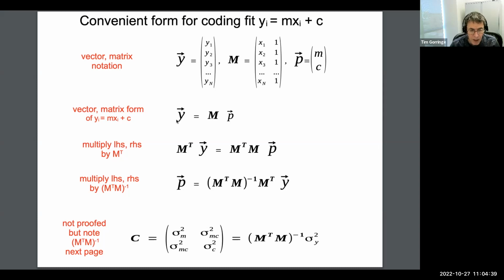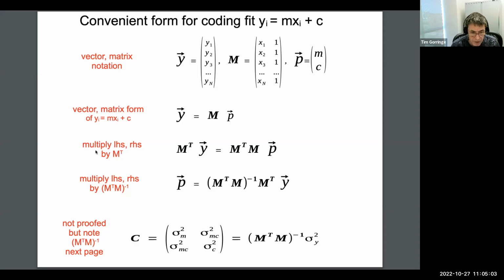Okay, so now we've seen that we can write the relationship in this new fashion, using these top two lines. I'm just going to rearrange this expression to solve for the parameters P. So these next two lines here are just me solving for the parameters P. And it's really two basic steps involving matrix multiplication.